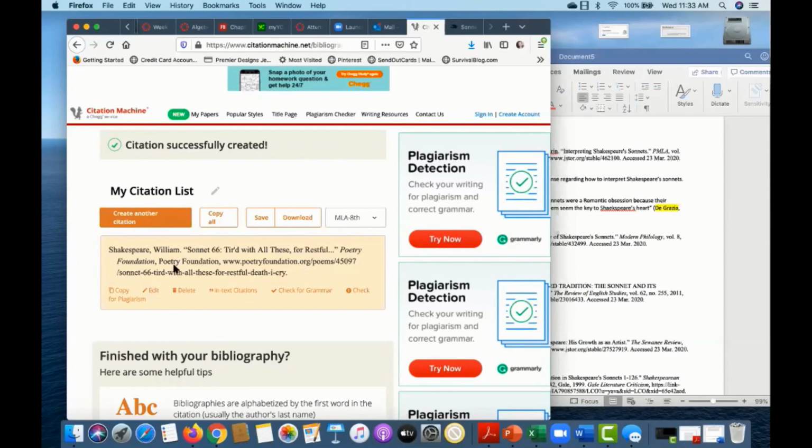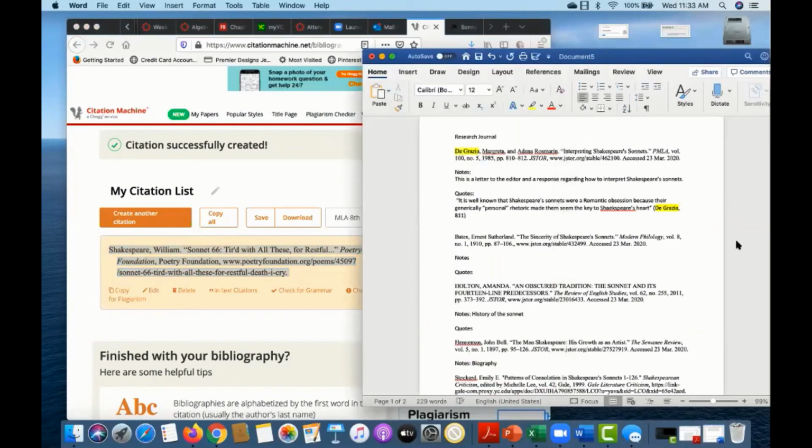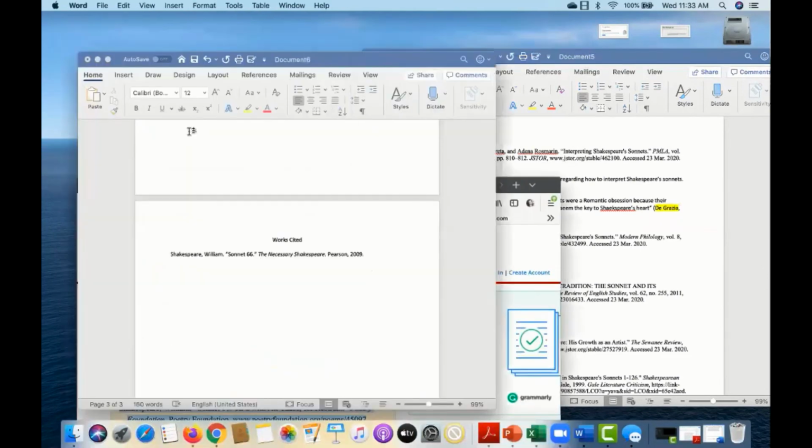So Poetry Foundation doesn't really need to be on here twice, so we really could delete that one and just have the name of the website in italics and be done. And then the actual website URL. Okay, that makes sense? So then all you'd have to do is copy that and then paste it into wherever my other document went. I have too many things open. There we go. So then you can just paste it right in there.